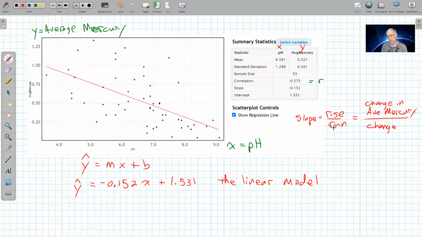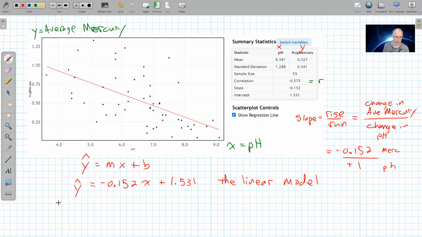Because for slope we have to subtract to get the numerator, subtract to get the denominator, that's the change in pH. My slope here is negative 0.152. To write that as a fraction, I just write over 1. The top here is a change in mercury. The bottom here is a change in pH. So what this tells me is the 1 is positive in the bottom. Negative over positive gives me a negative slope. So a change in pH of +1 leads to a decrease in mercury.